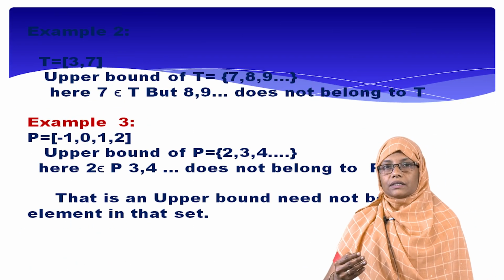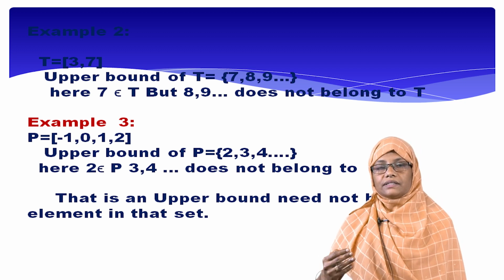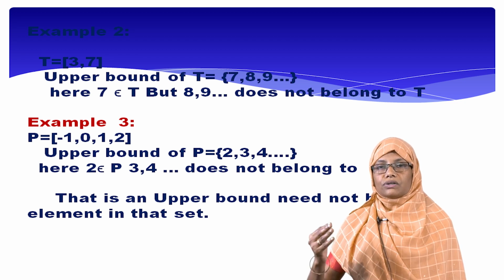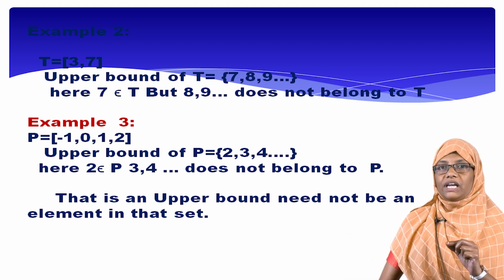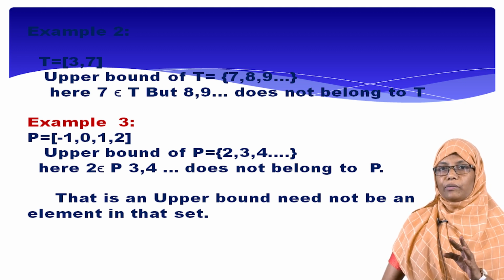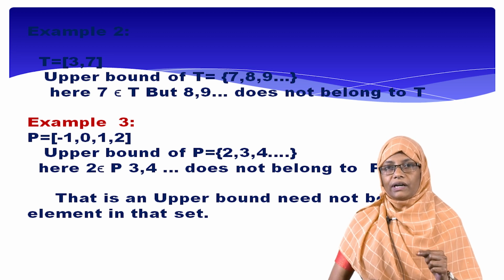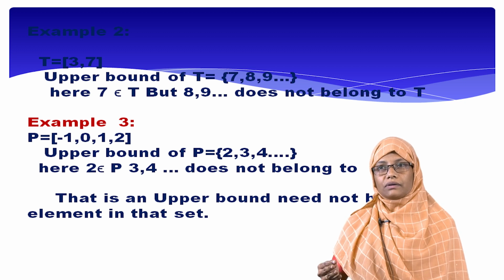Another example is, suppose capital T is a subset of R. In this case, suppose T is the closed interval [3, 7]. In this case, upper bounds of T equal 7, 8, 9, 10, etc. Here, the element 7 belongs to T, but the numbers 8, 9, 10, etc. do not belong to T. Okay.